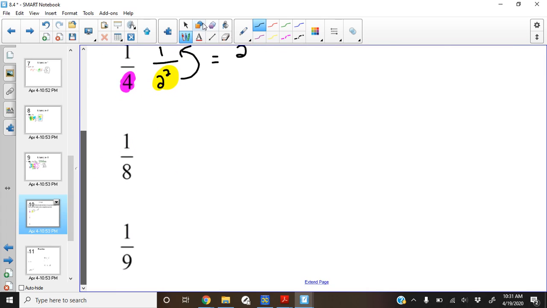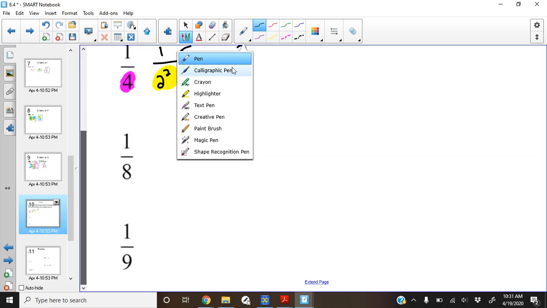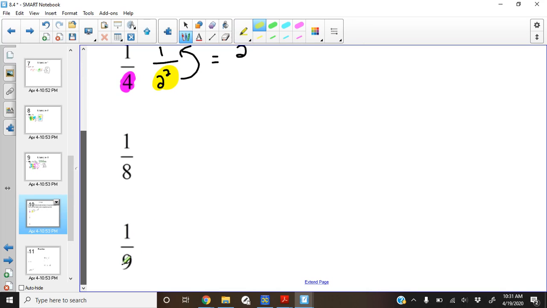Next, let's actually do the 9 first. Let's do 1/9. 9 can be written as 3 squared. So now that's 1 over 3 squared. Now, again, what if we were to move that 3 squared up? Now it becomes 3 to the negative 2.